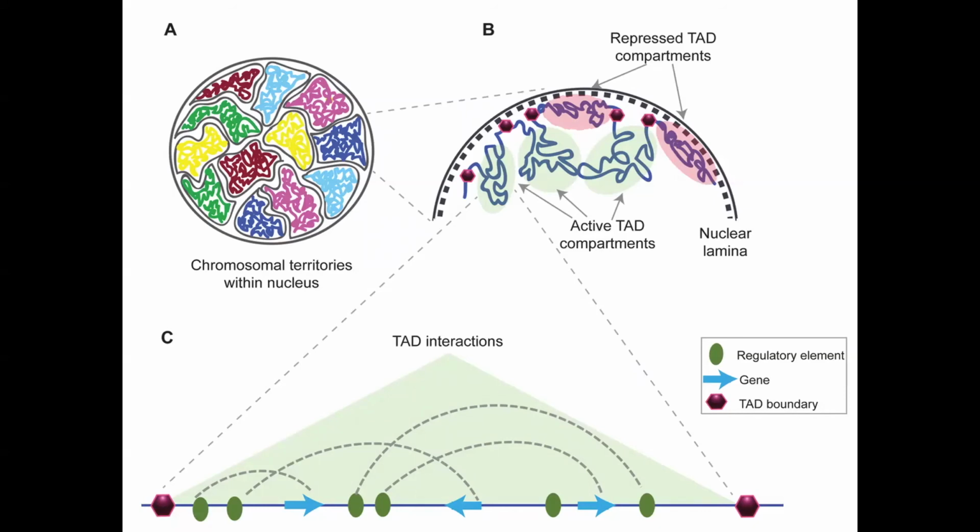Although the size of TADs varies, the average size of a TAD is about 1 megabase pair. So in the TAD compartments that are located close to the nuclear membrane, shown here in pink, the repressed TAD compartments are enriched.